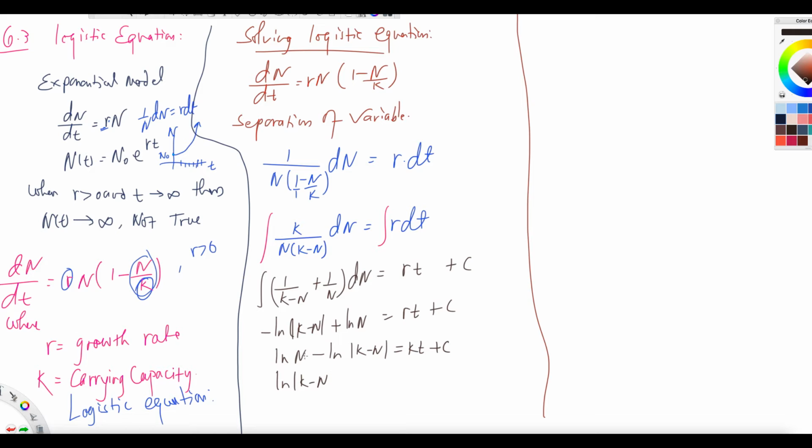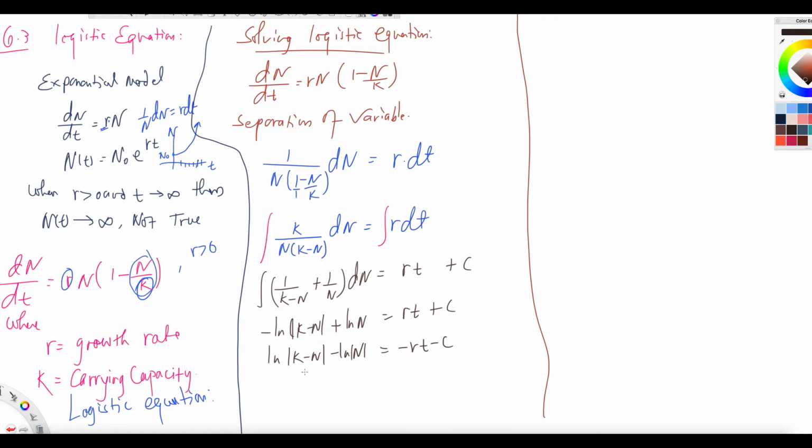Let me multiply by the negative sign on this step. What do I get? Natural log of k minus n minus natural log of n, okay? n is positive, that's why I was not writing the absolute value there, but negative rt minus c.